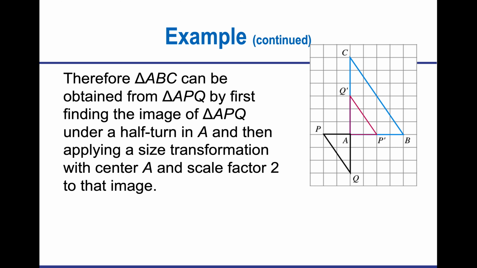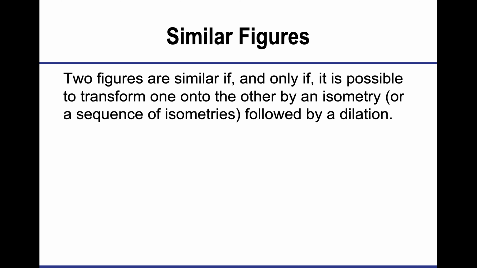When I'm looking at the scale factor, I have to account for what's happening there, because this is my original image. It looks like I'm getting a scale factor of 2, but it is a reduction, which would be 1/2. So triangle AQP would be 1/2 of triangle ACB.